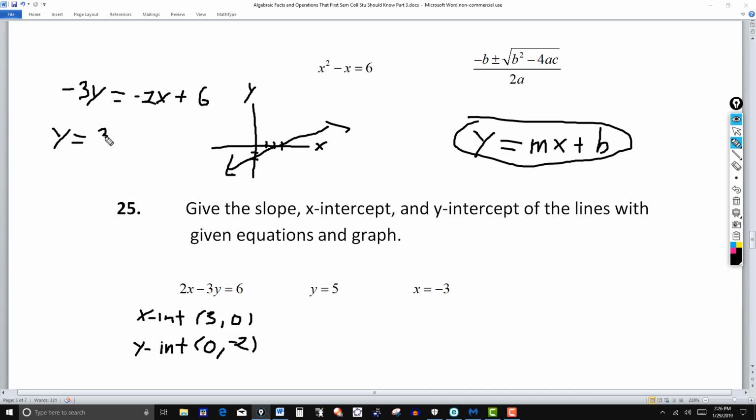The coefficient of the x is positive 2/3, and then negative 3 into the 6 is minus 2. So in this form, the slope is m, and b is the y-intercept, which is what I have. Notice here, 0, negative 2. That's the y-intercept, and this is your slope. So for the first one, the slope is 2/3.